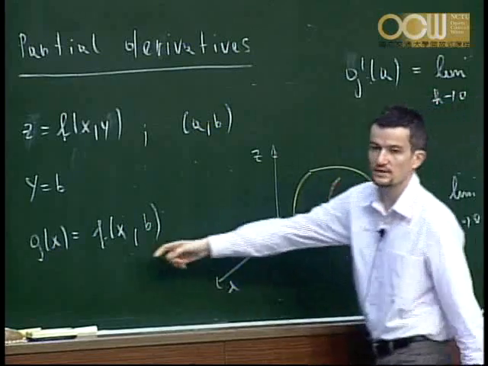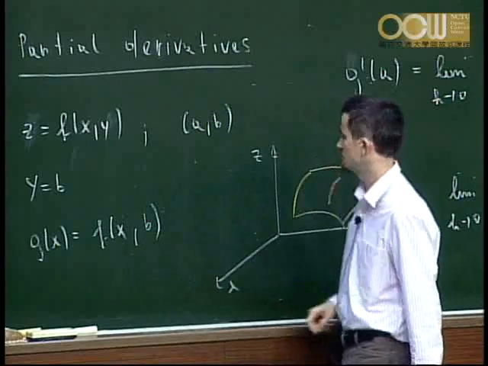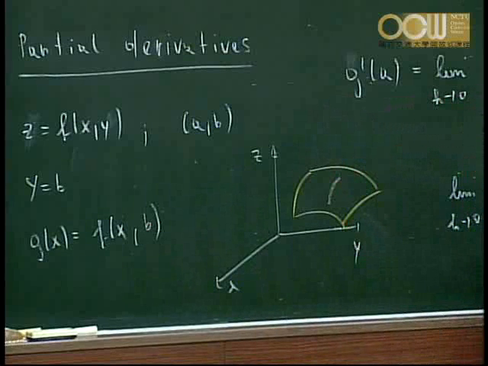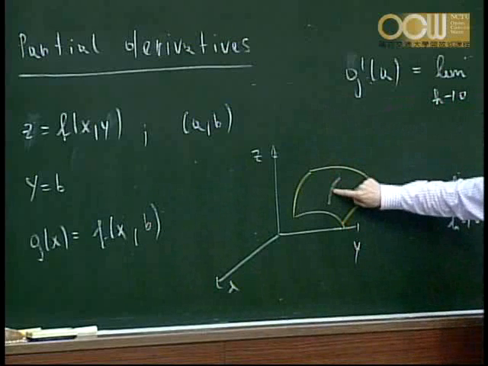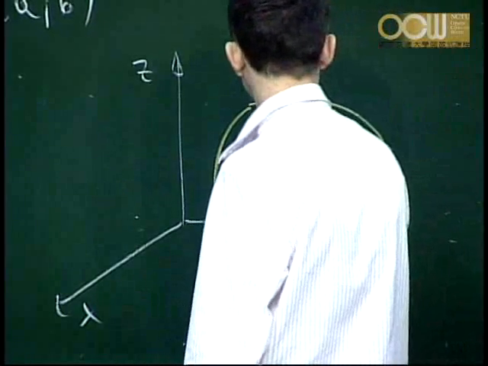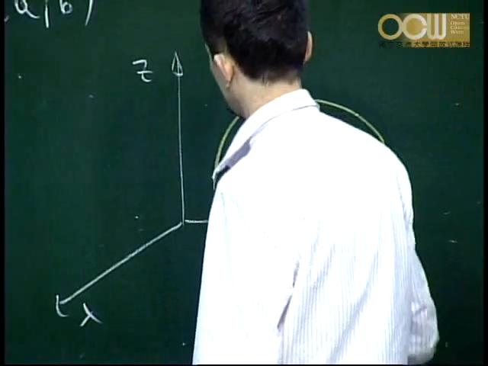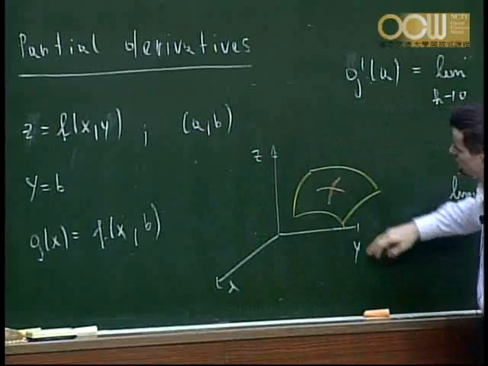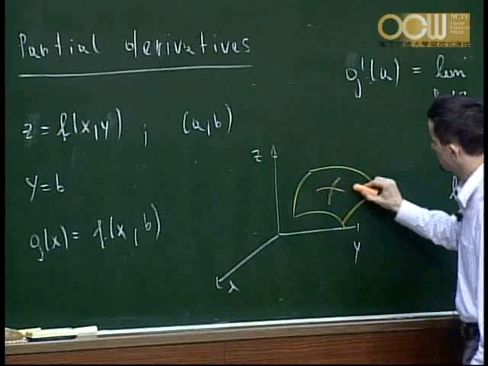And this curve is actually described by this equation here. Okay, and the slope of this curve at the point P is this partial derivative here. And similarly, if you look at the cross section which is not parallel to the xz plane but parallel to the yz plane, then you will get this curve here, C2.